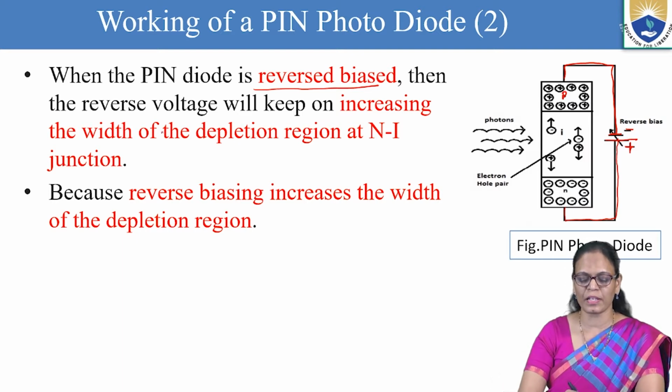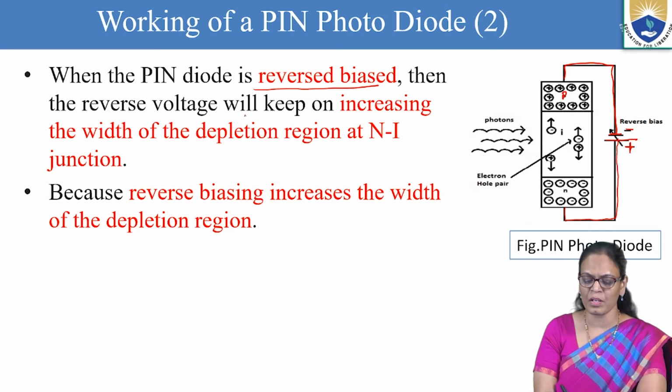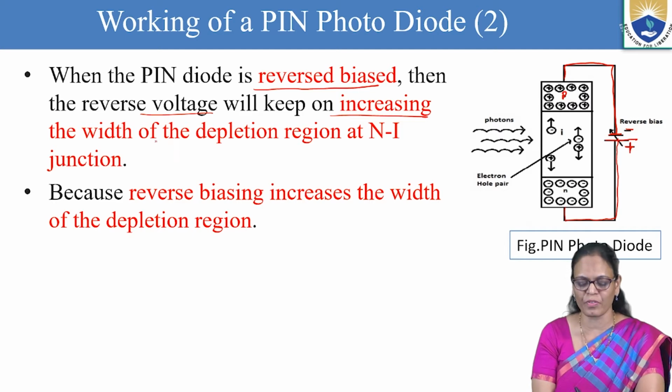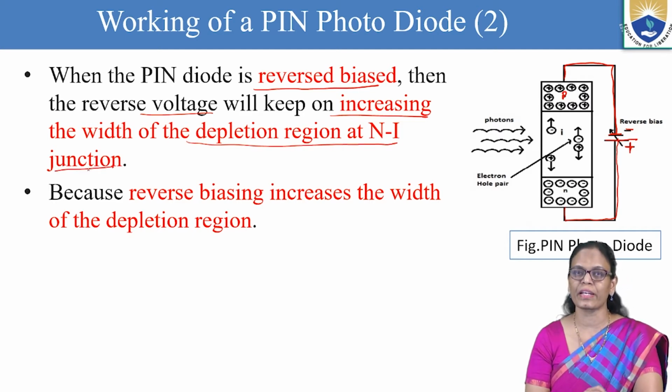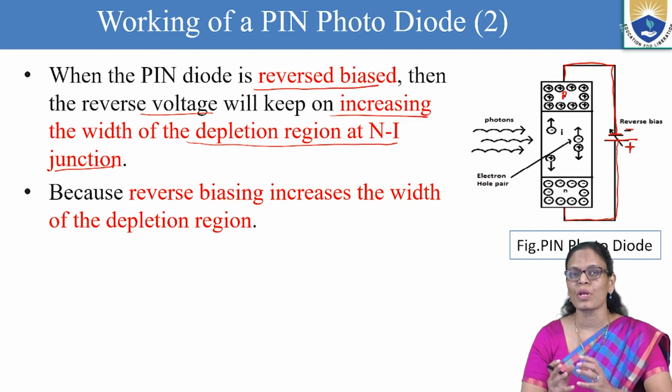Then what happens? The reverse voltage keeps on increasing. When the reverse voltage keeps on increasing, the width of the depletion layer at the NI junction also increases. We have seen very clearly, when we discussed forward bias and reverse bias in detail, why the width of the depletion layer increases in reverse bias.